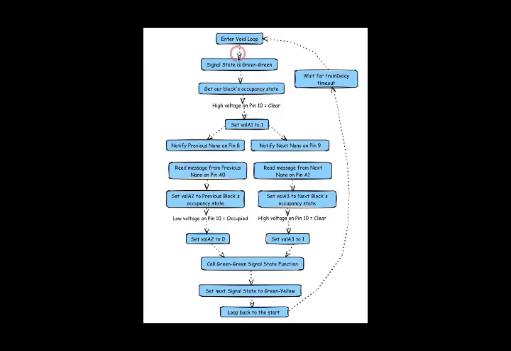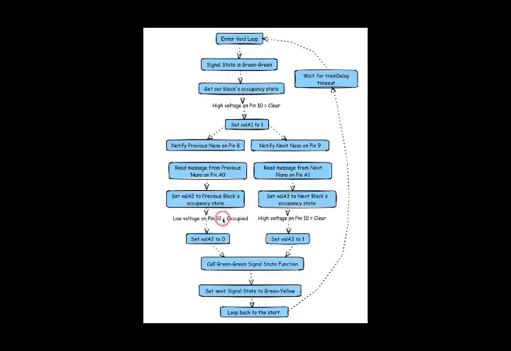Entering the void loop for the first time, our signal state is going to be green, green. We get our block's occupancy state. We've got a high voltage on pin 10, so our block is clear. We set val A1 therefore to 1. We're going to talk to the previous nano and the next nano. We notify the previous nano that our block is clear. We then read the previous nano's block state.